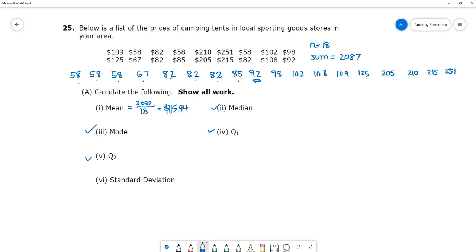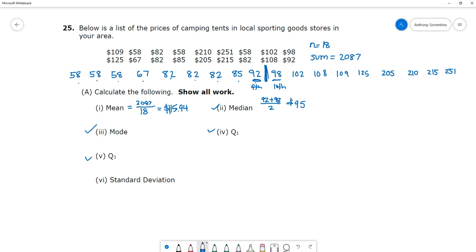So this one here is the ninth term, and this is the 10th. The median would be between these two, so I would simply take an average of those two values and get 95. So the median price is $95.